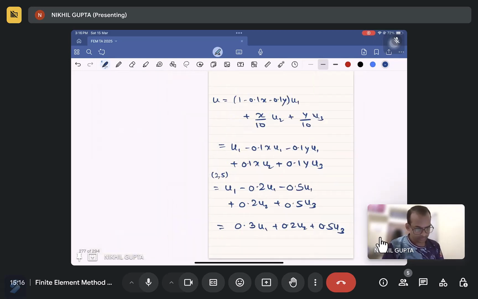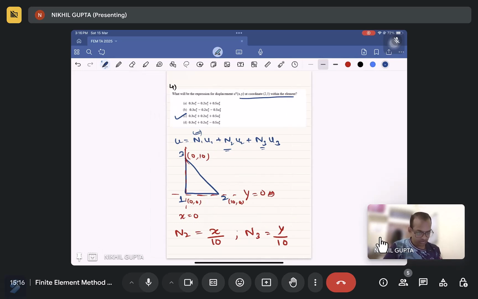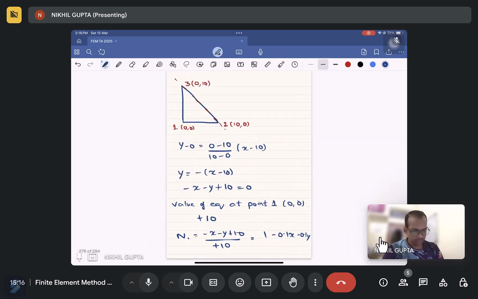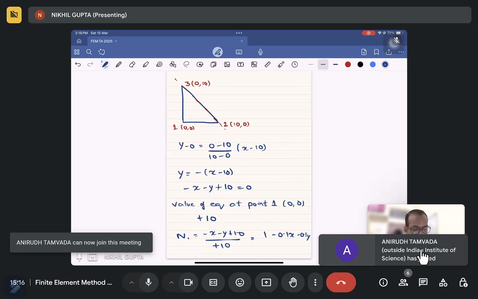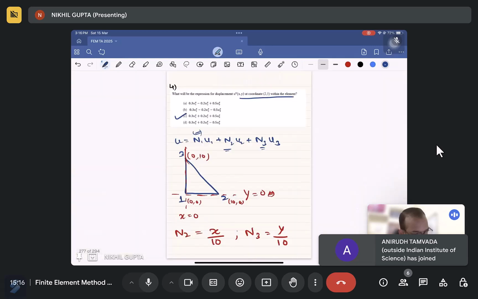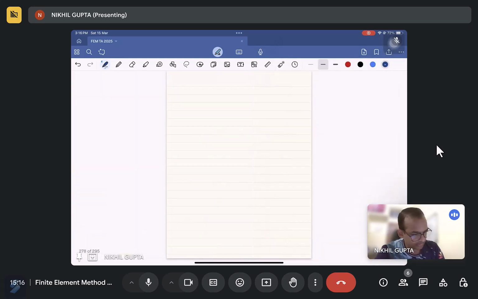Sir, can you repeat how do we get N1? N1, okay. With this method, I use the longer method actually, by framing the equation and finding the inverse. Okay, no problem. In 2D, there is a simpler way to solve for shape functions. If this is the shape, this is 1, this is 2, this is 3.